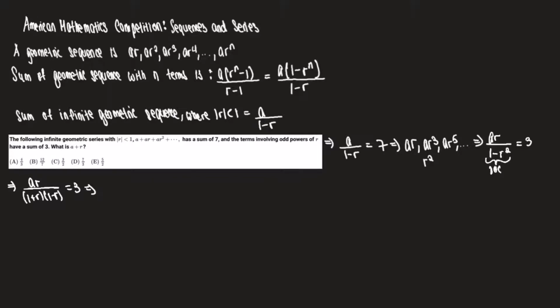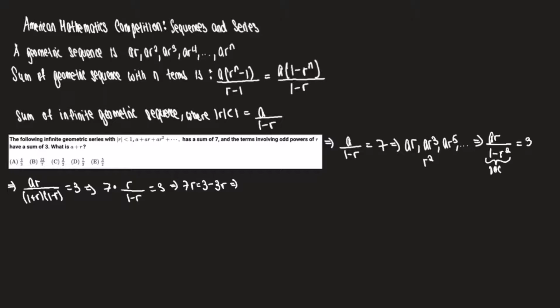From there, we solve for a. Oh wait, we can just say a over 1 minus r equals 7, so we get 7 times r over 1 plus r equals 3. Multiply both sides by 1 plus r, and you get 7r equals 3 plus 3r.